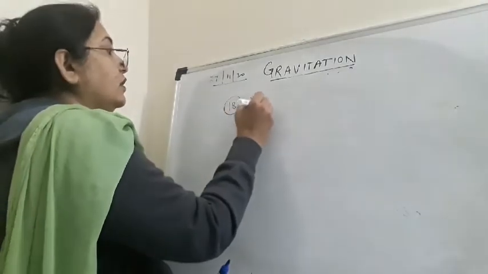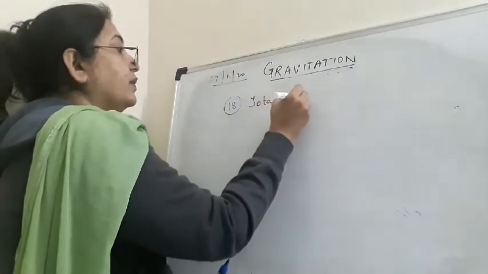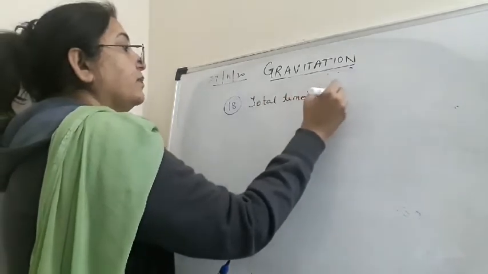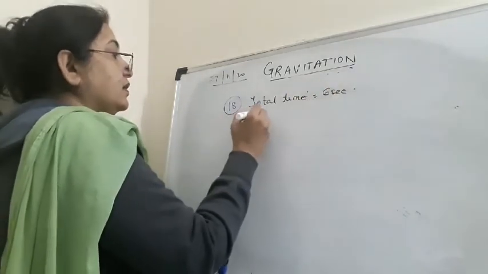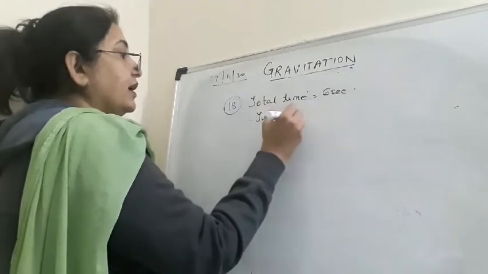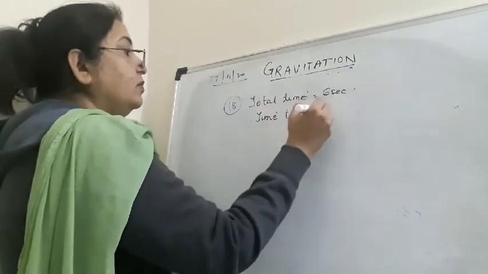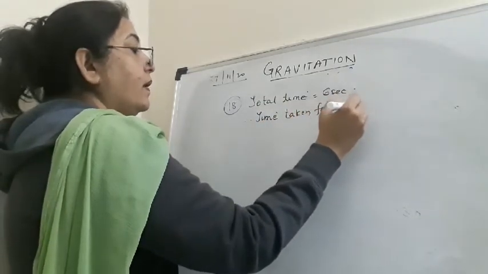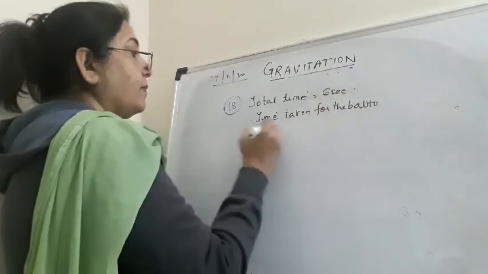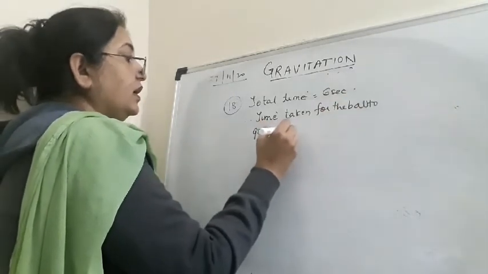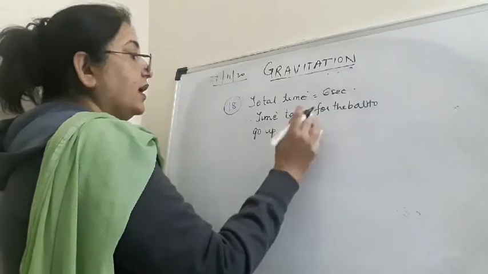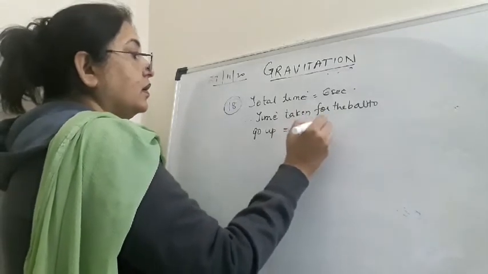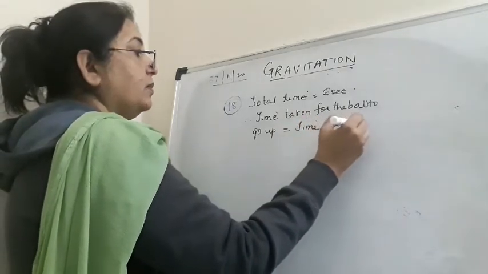We have a ball thrown up vertically that returns to the thrower, with total time equal to 6 seconds. So we will write that the time taken for the ball to go up is equal to the time taken to come down.